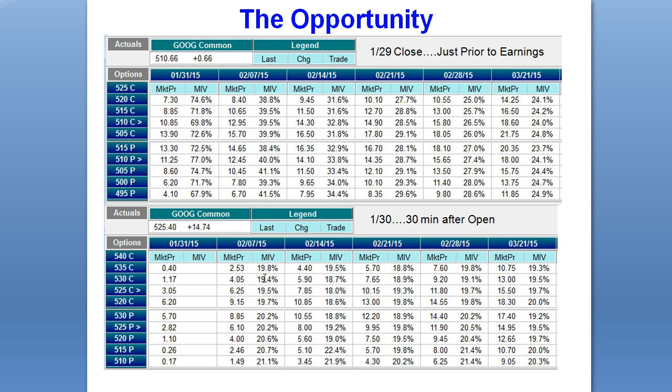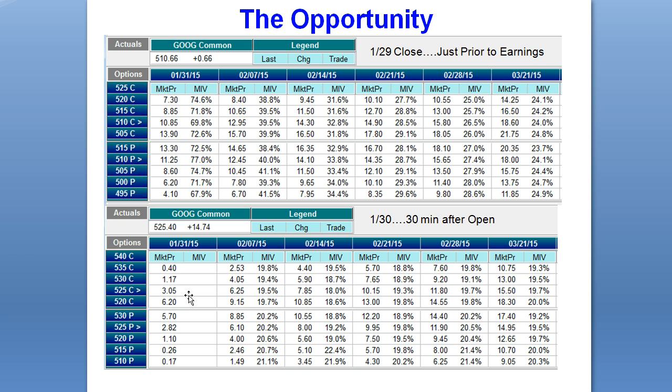How can you find these types of skews where you have the front expiration so much higher than the more distant expirations? Now I wanted to show you this too. Do you see how in the front expiration these MIVs in the 70s dropped to, let's say it was 18%, going from 69, 72% down to 18 or 19.